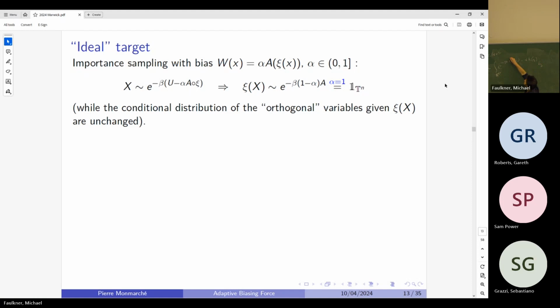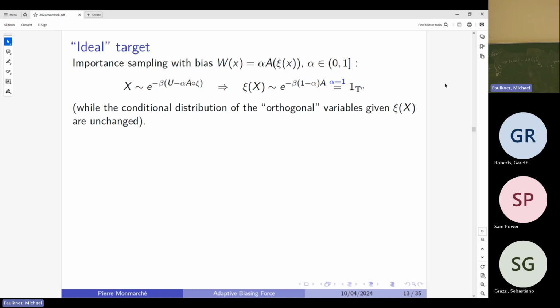The A here does not depend on z, so this is exponential of beta alpha A of y, and then the rest is exactly the marginal law of y, which by definition is exponential of minus beta A of y. And so you end up with exponential of minus beta (1 minus alpha) A, with this 1 minus alpha.